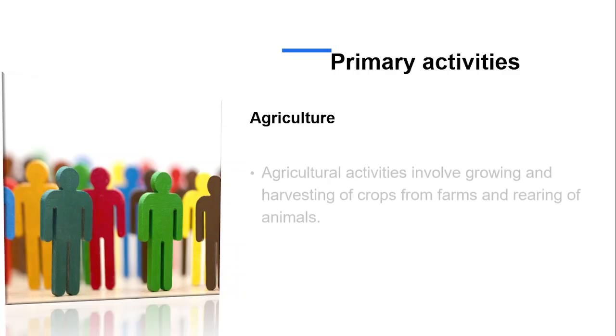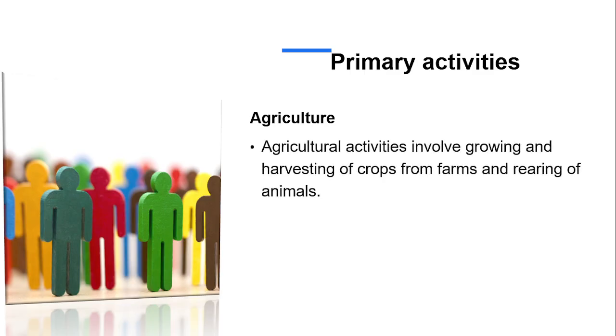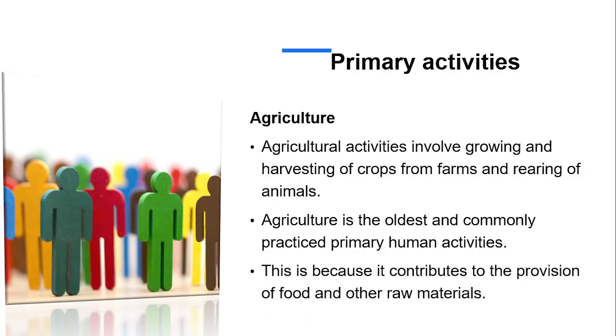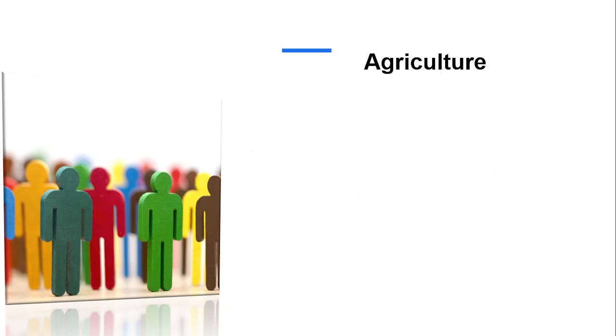The agricultural activities involve growing and harvesting of crops from the farms and the rearing of animals. So that's the definition of agriculture. Agriculture is the oldest and most commonly practiced primary human activity. This is because it contributes to the provision of food and other raw materials, and as you know, food is the basic need for the survival of human beings.